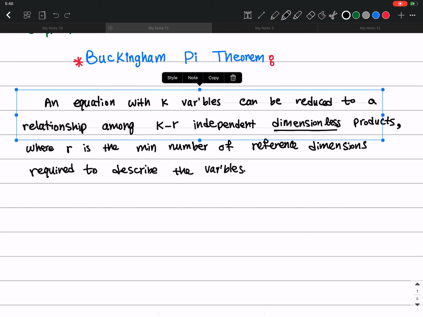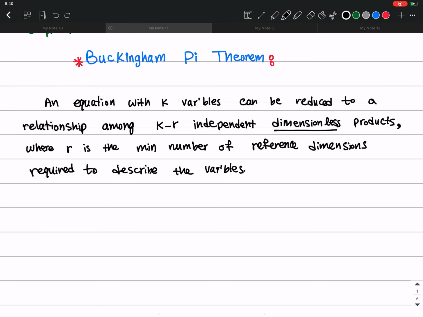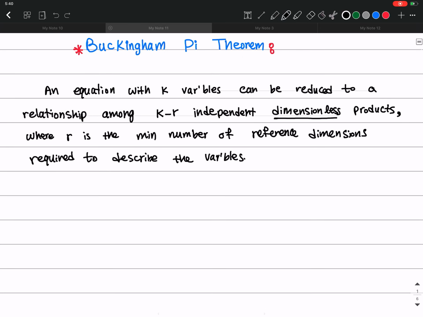It's a very useful theorem, especially if you do some experimental work, because you will understand at least the important dimensionless variables that you need to be careful about, and you need to measure them rather than kind of doing the whole study among the whole parameter space in the problem.